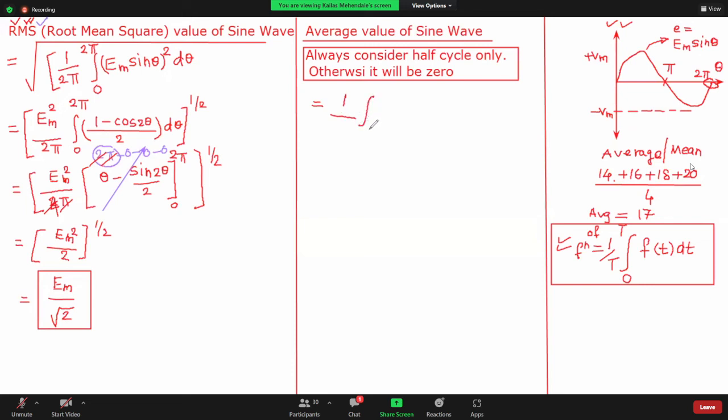The integral limits are from 0 to pi, and also divided by pi, and then Em sine theta d theta.